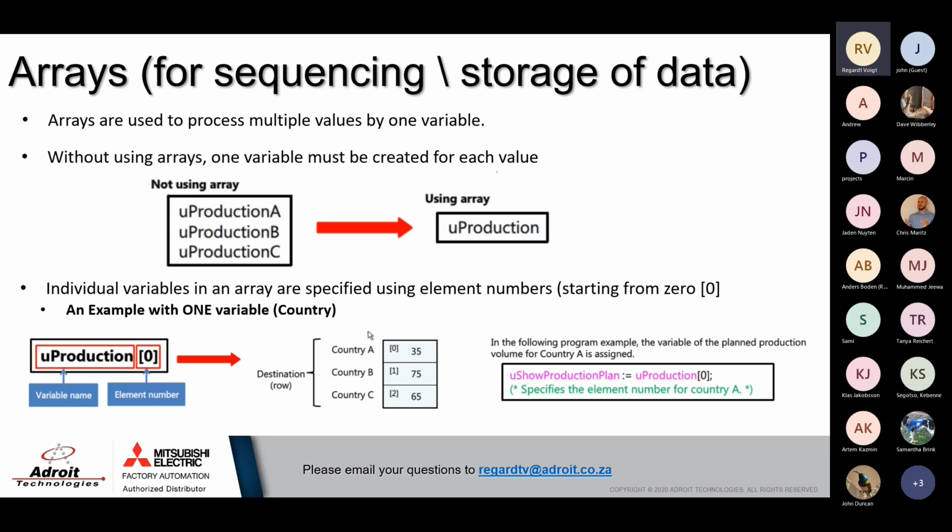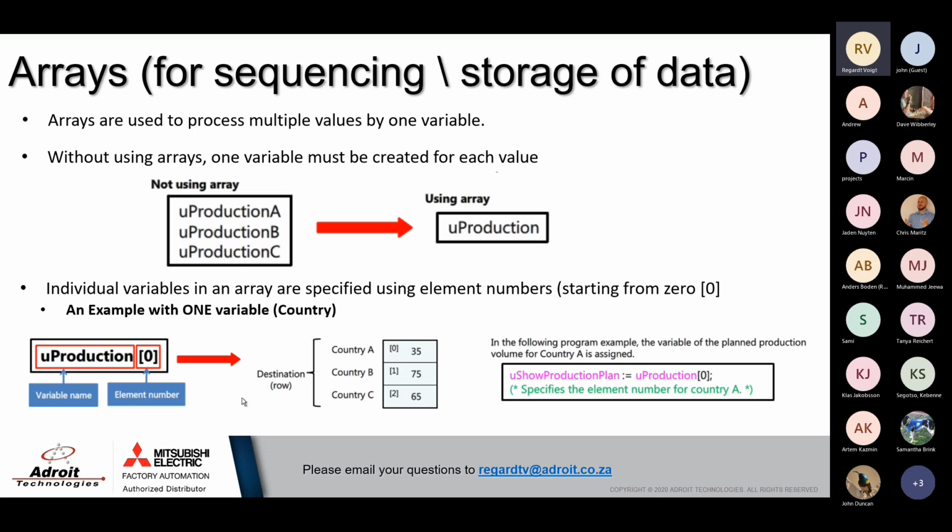So yeah, we've got different countries with different production rates. Okay, so these are stored in your array called production. And these values are being accessed or written with an element number in square brackets.